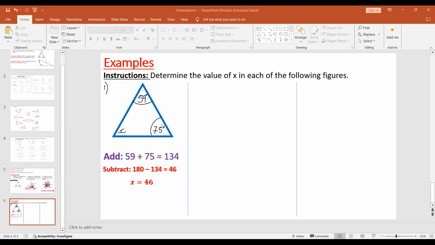So we add 59 plus 75 equals 134, and then subtract 134 from 180 equals 46. Okay, good. So we add first, and then we subtract from 180 because we know that angles inside a triangle add up to 180 degrees. And then we get 46.